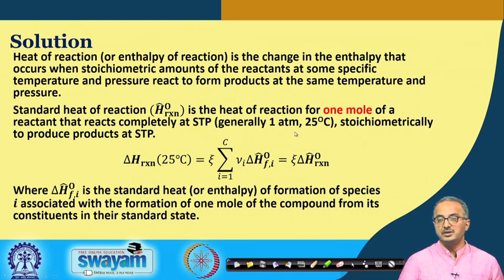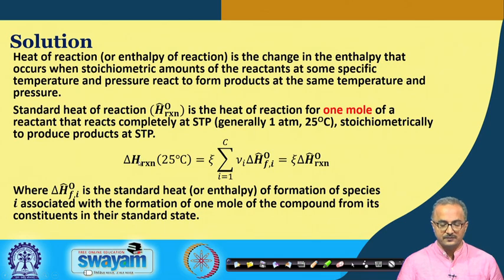STP could be 1 atmosphere and 25 degree centigrade, though you will find these STP values may vary in different literature. So, 1 mole of the reactant reacts completely at STP stoichiometrically to produce products at STP.